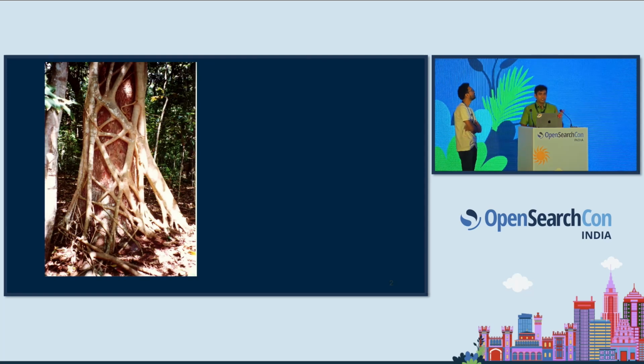So here is an image of the trunk of a tree, and around it there is a mesh of structure. What you see is a fig. The fig germinates in the root of the tree. As it grows, it derives its nutrients from the host tree till it becomes self-sustaining, at which point it decides to strangle the host tree, and what remains is just a reminiscence of the host tree.